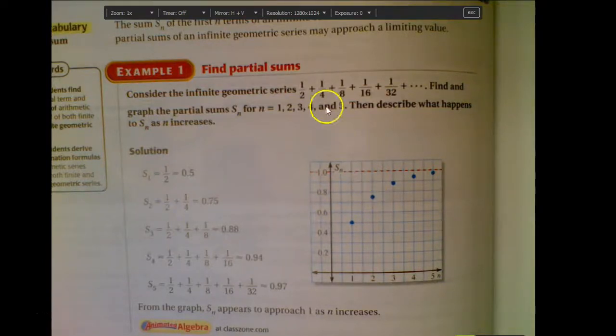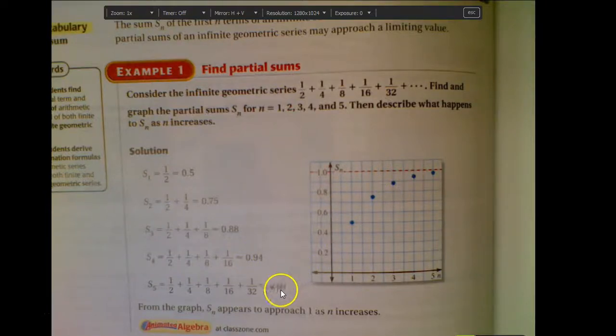If you were to take the first 3 terms and add those together, their sum would be 0.88, and that's what you're seeing reflected here. The sum of the first 3 terms gives you 0.88, and that's the point you're seeing on here. If you were to do the sum of the first 4 terms, this is what you would get, and they plotted that on the graph.